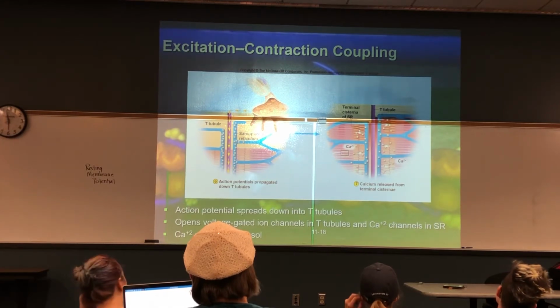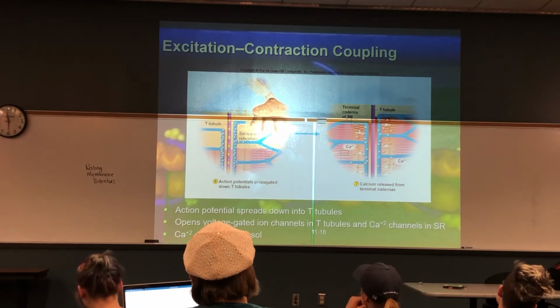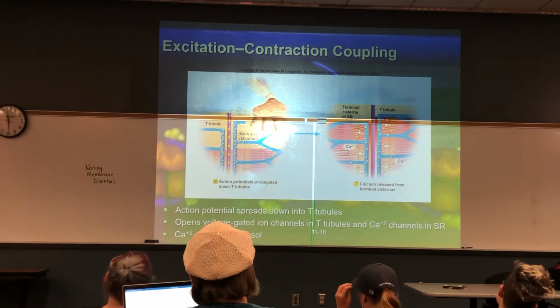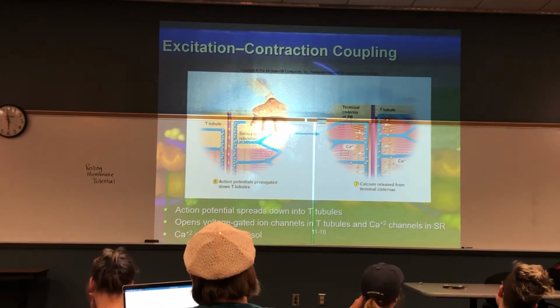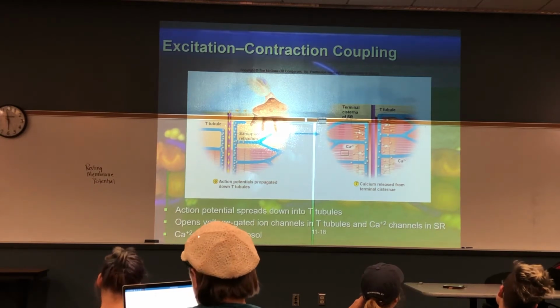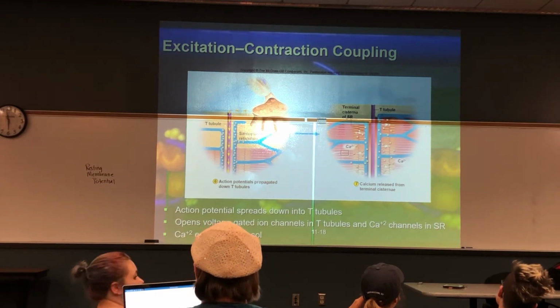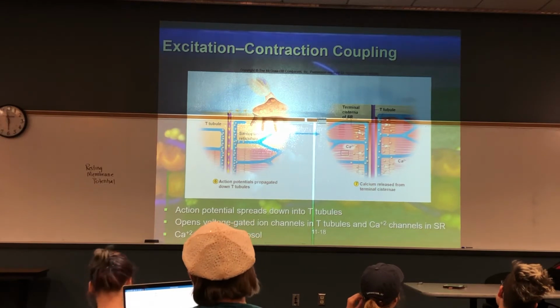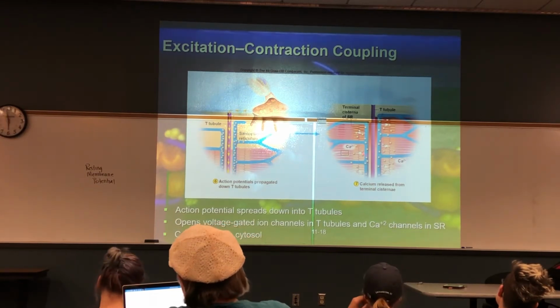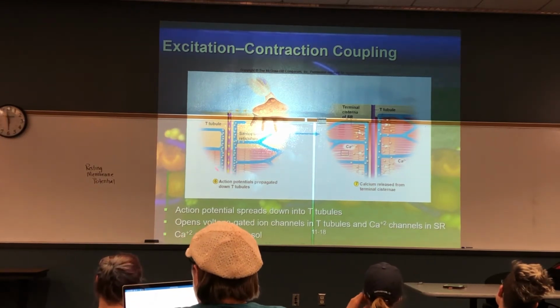Well, that electrical pipe takes that electricity and forces it down, and it causes all of the calcium in the cisterns to leave because the cisterns have voltage-gated channels. Oh my gosh, it's all about electrical current. So the cisterns release their calcium because they've just been zapped.